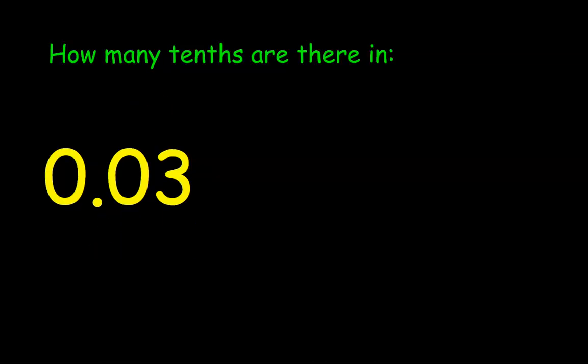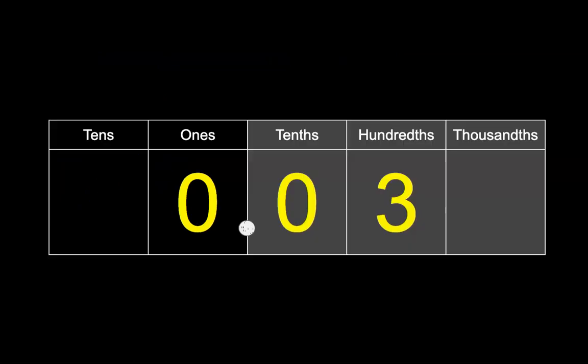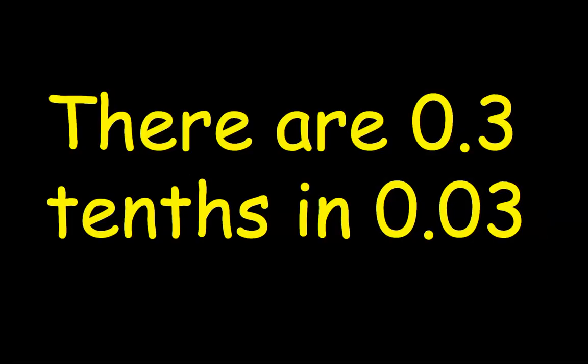And if you don't understand that, you need to go and watch my video called Converting Decimals to Fractions. There it is, 0.03, no tenths, and 3/100ths, which we know are tenths of tenths. So how many tenths are there in 0.03? The answer is there are 0.3 tenths in 0.03.